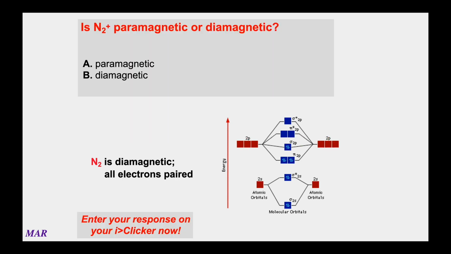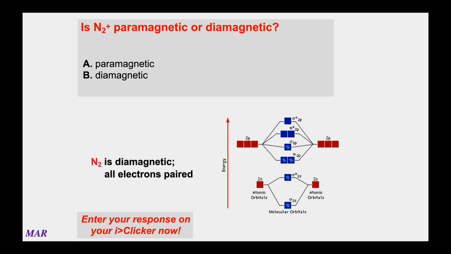Is N2 plus paramagnetic or diamagnetic? This is a cool part about molecular orbital theory as well. It's easy to find out if the ions of neutral atoms are paramagnetic or diamagnetic. Now, N2 plus means you've lost 1 electron.